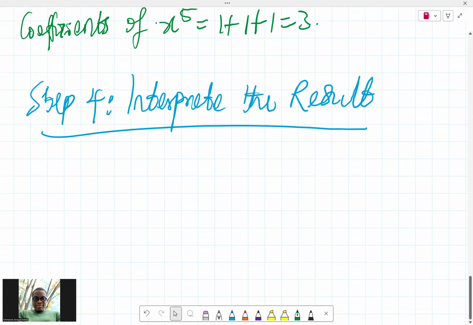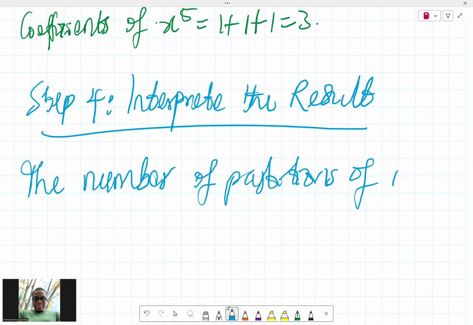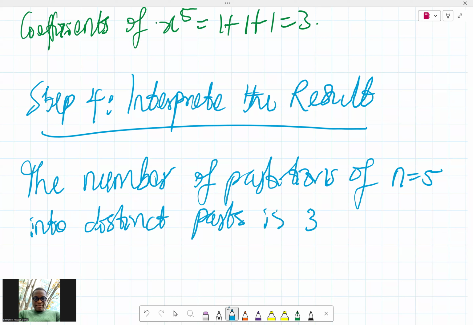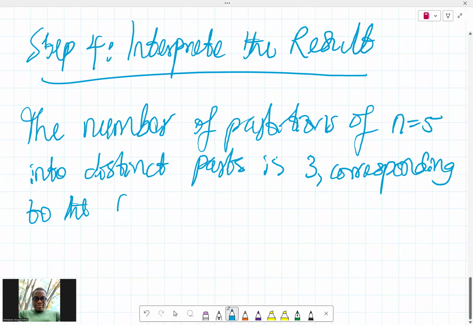Okay, so we can now say that the number of partitions of n equals 5 into distinct parts is 3, corresponding to the following partitions.